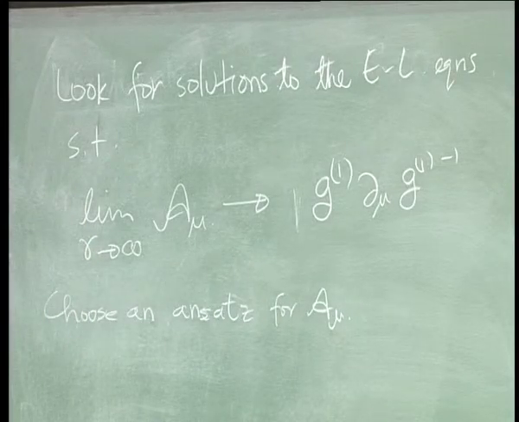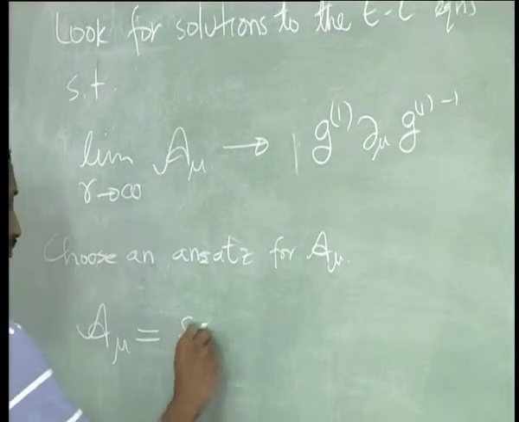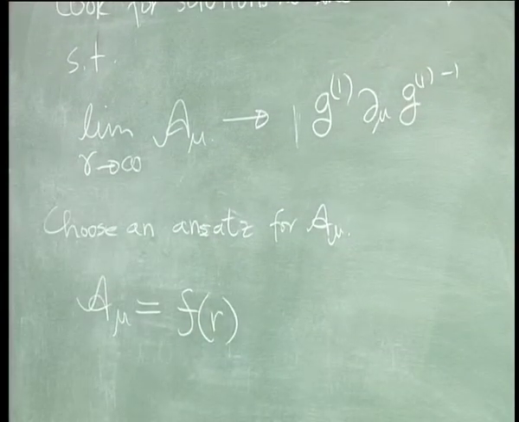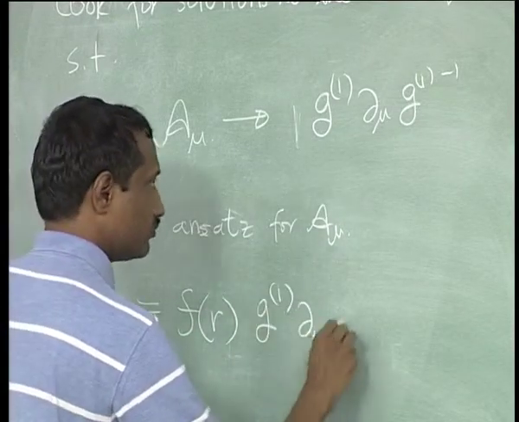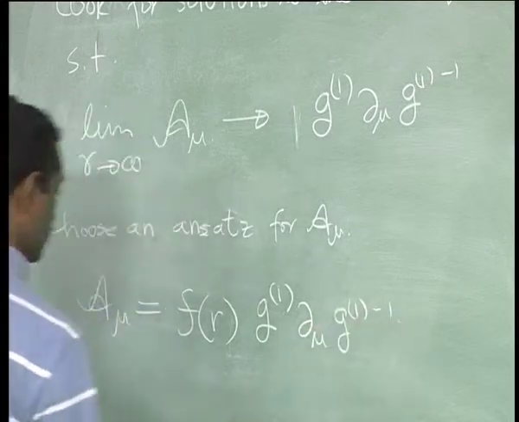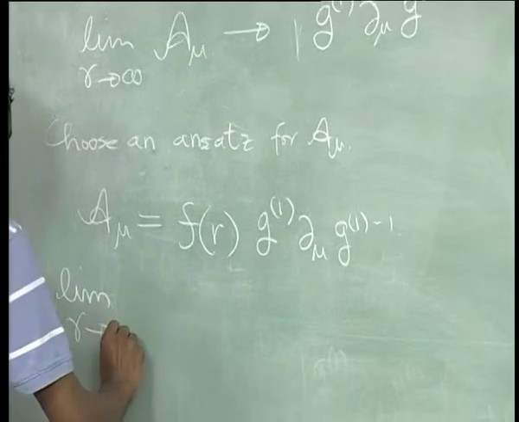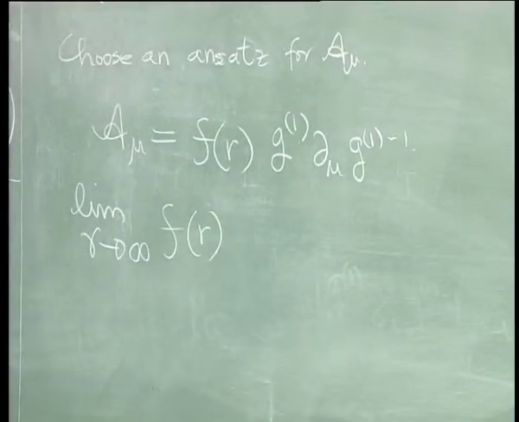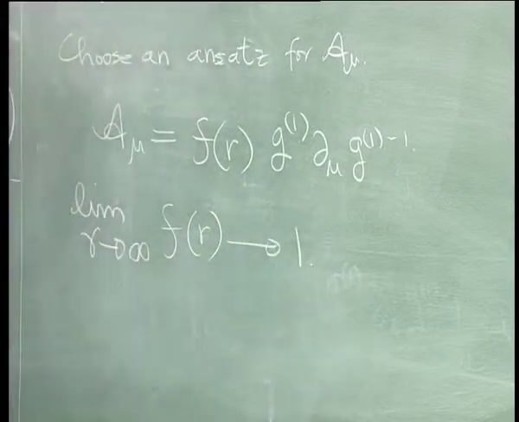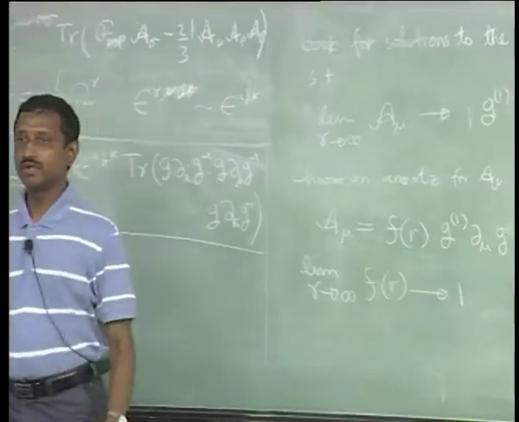The ansatz is kind of nice: some function of r times the pure gauge form, and in the limit r tends to infinity, f of r should be 1. You can go ahead and solve the Euler-Lagrange equations.